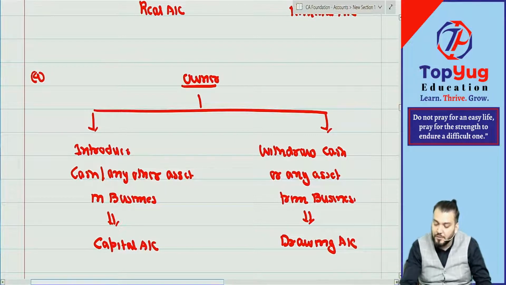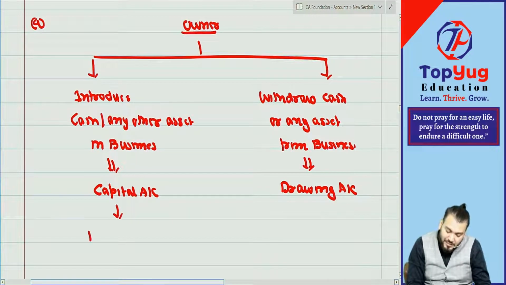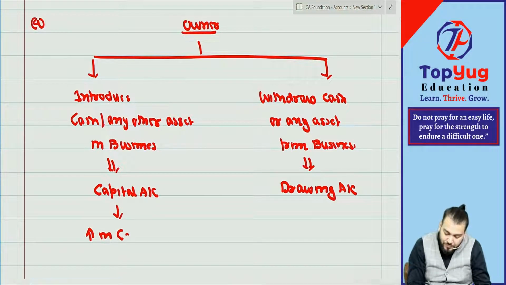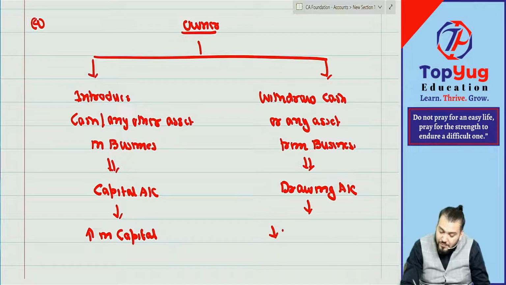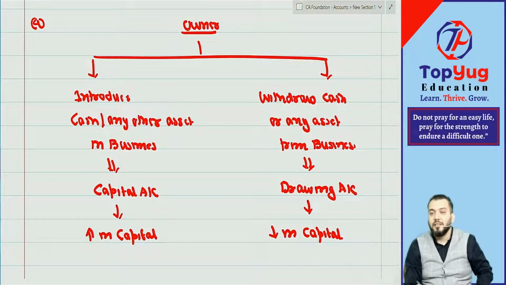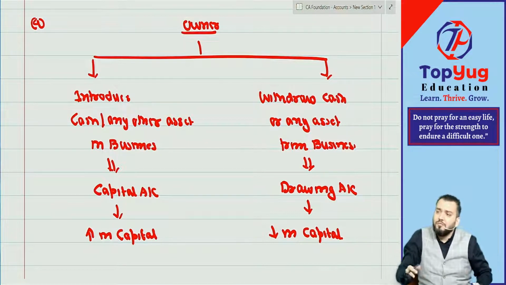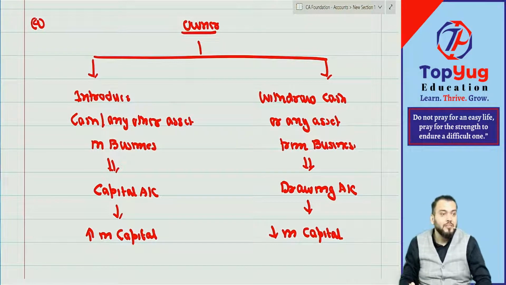When I say capital account, it is increasing capital. When I say drawing account, it is decreasing capital. But for withdrawal, we always use drawing account. These are special terms given, therefore we need to use that only.